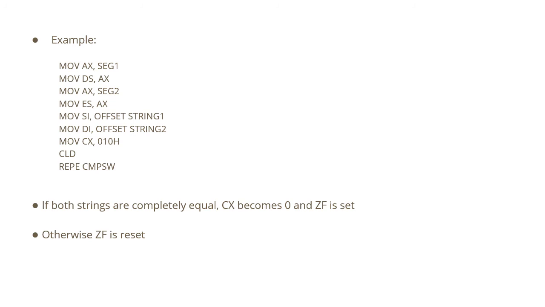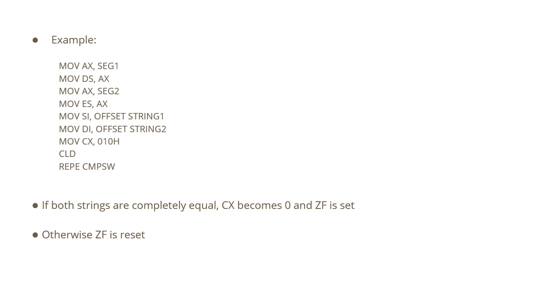We will try to understand the CMPS operation in a better way using an example. Now, in the example given here, the first instruction is MOV AX, SEGMENT 1, which indicates to move the segment address of the string 1, or the base address of the string 1, to the AX register. Next instruction is MOV DS, AX, which indicates that the value present in AX, that is the base address of the string 1, is now getting moved to the DS register.